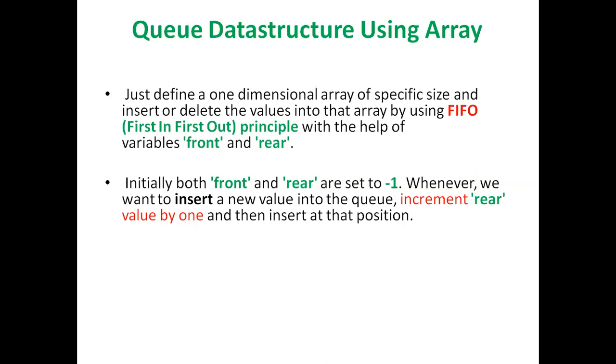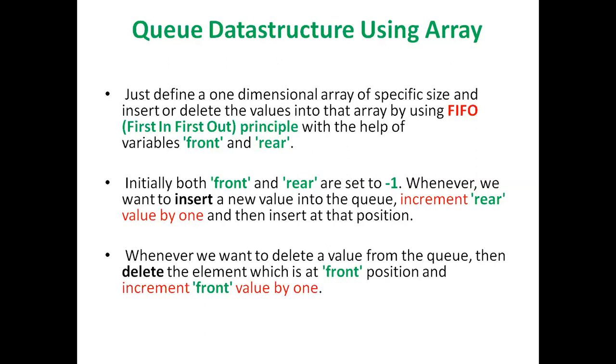Whenever you want to insert a new value into the queue, increment the rear value by 1 and then insert the element at that position. So here if we want to insert any element into a queue, we are using the rear variable that is always incremented by one position.